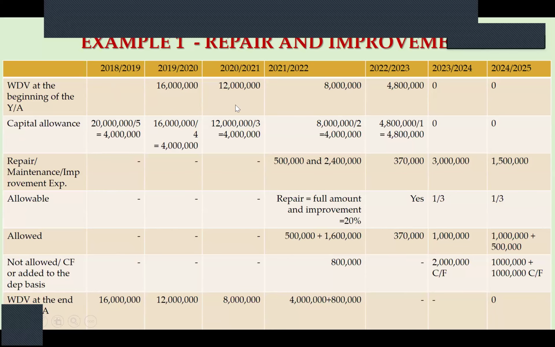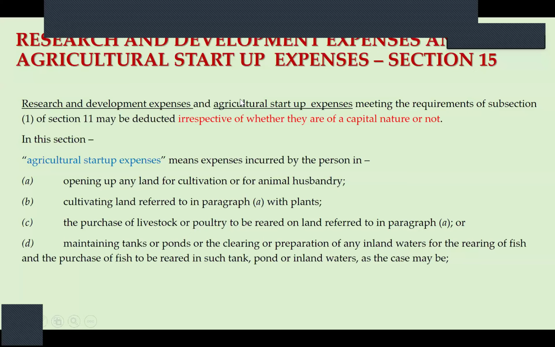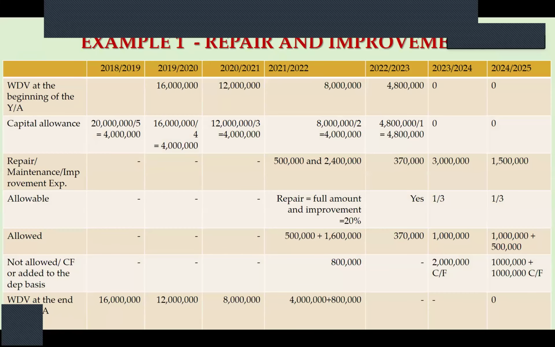Then we can move to the year of assessment 2021. Again we have to calculate capital allowance and the written down value. Why do we need that written down value? Because in the formula, to consider the restricted amount, we have to apply 5% or 20% to the previous written down value.